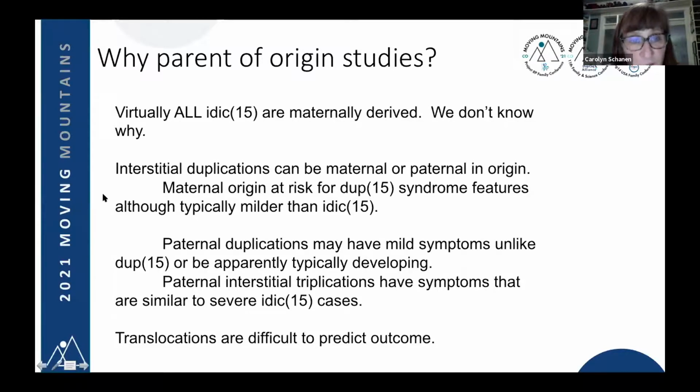But for interstitial duplications, it's critical that we do the methylation studies. And the reason is that they can be maternal or paternal in origin. And if they're maternal in origin, they have the risks of the Dup15 syndrome, and it can be varied in severity.